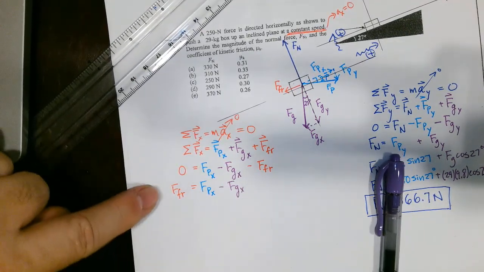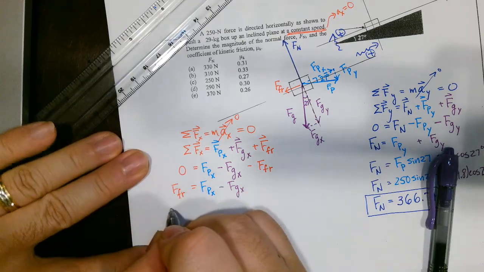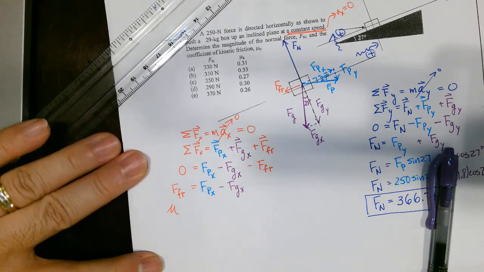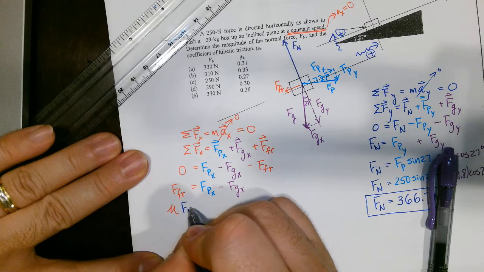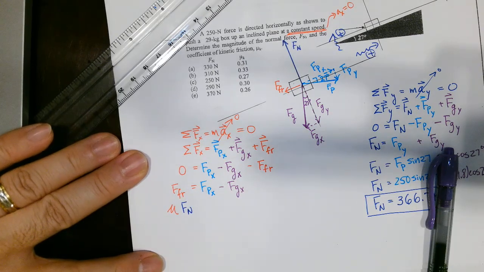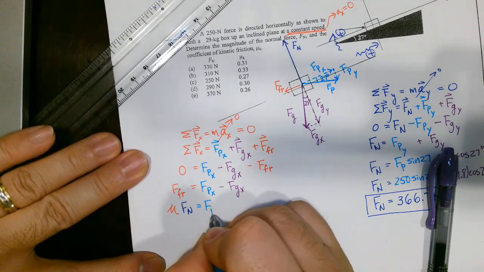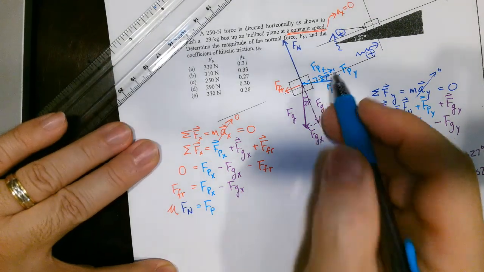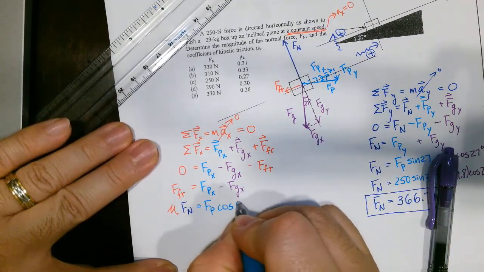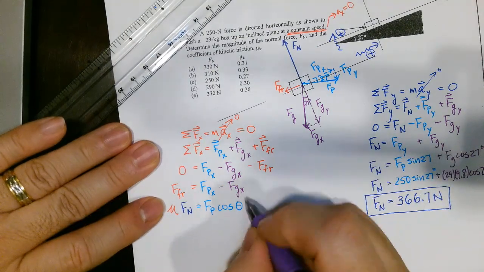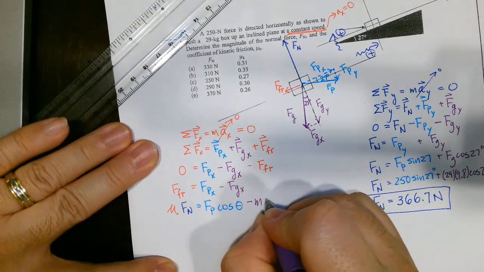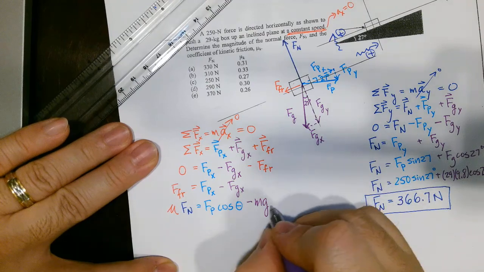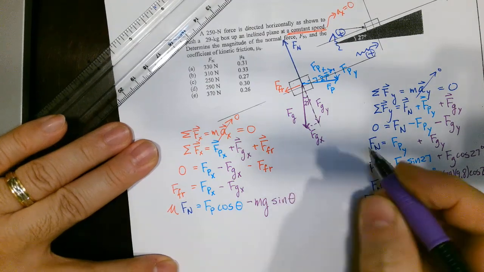Well, my friction is mu times F normal, right? That is equal to Fp cosine theta minus mg sine theta.